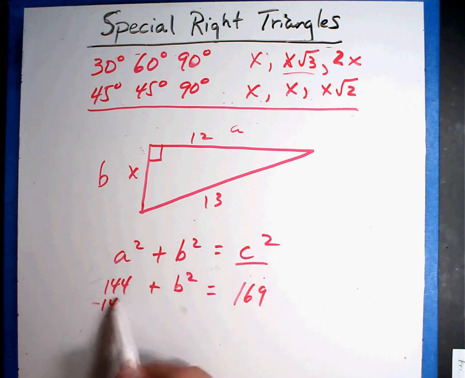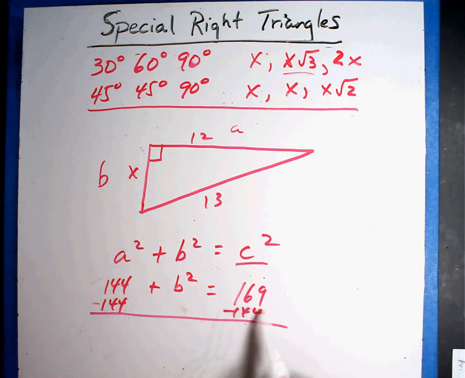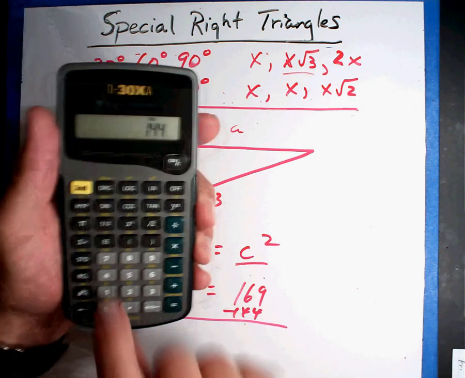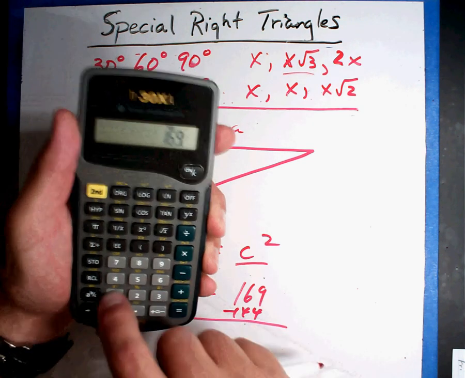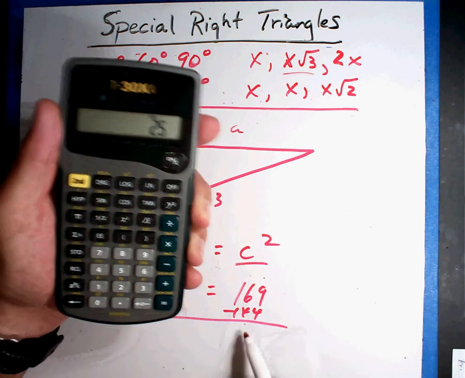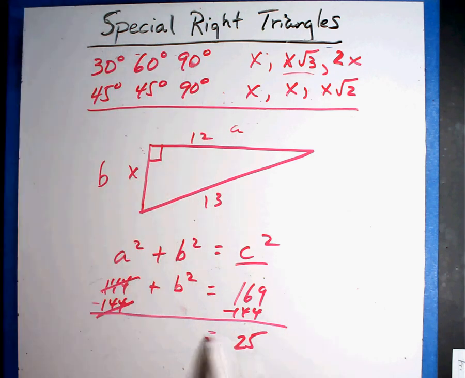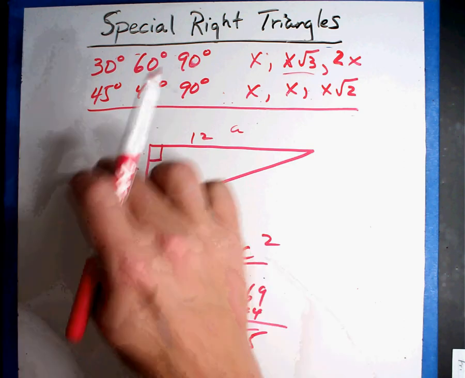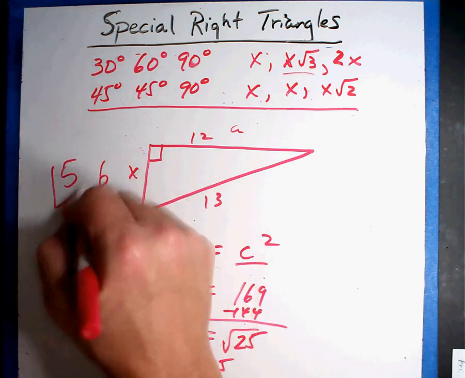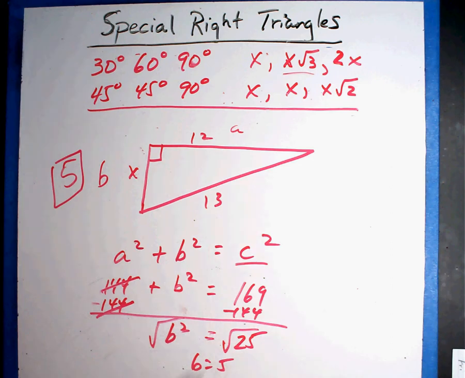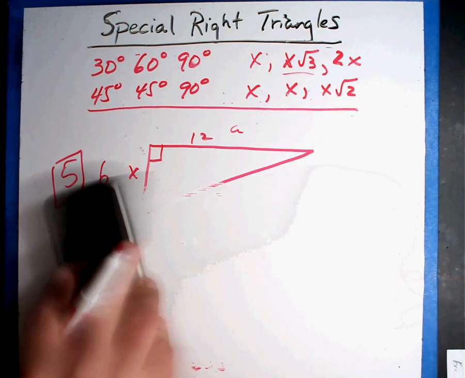So I have to subtract 144. 169 minus 144 equals 25. B squared is 25, so the square root gives B equals 5. So this answer right here is 5. And that's all they wanted in that question. They didn't ask for the angles. Must not be a special triangle, or at least they're not worried about it at all.